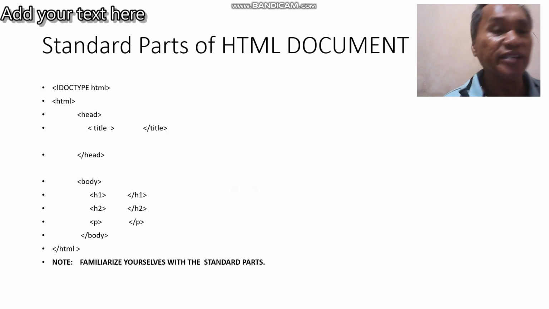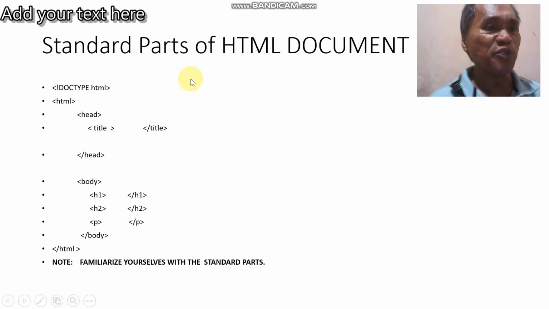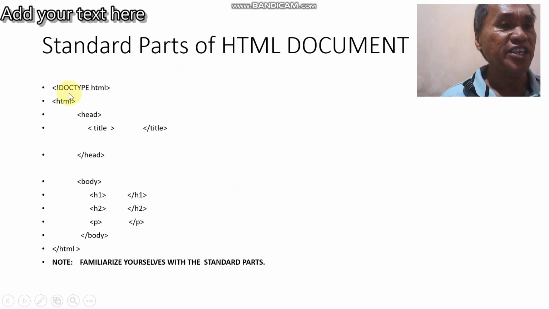So here you have the standard parts of the HTML document. As you can see, you have the HTML declaration, then the HTML opening tag, and then the HTML closing tag.